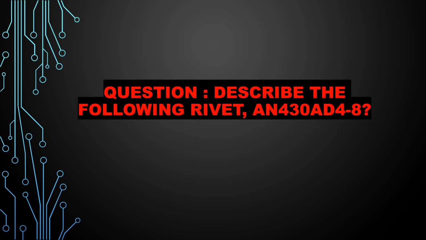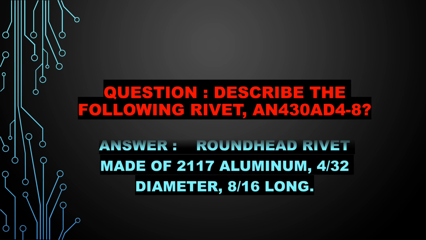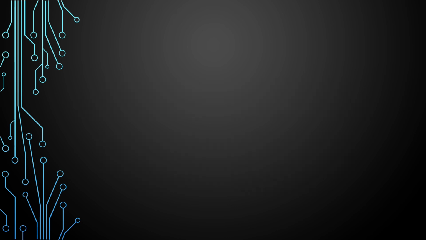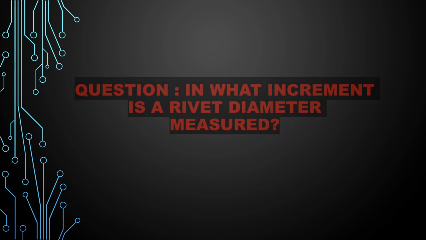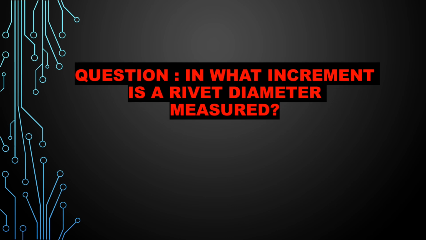Question: describe the following rivet, AN430AD4-8. Answer: roundhead rivet made of 2117 aluminum, 4/32 diameter, 8/16 long. Question: in what increment is a rivet diameter measured?